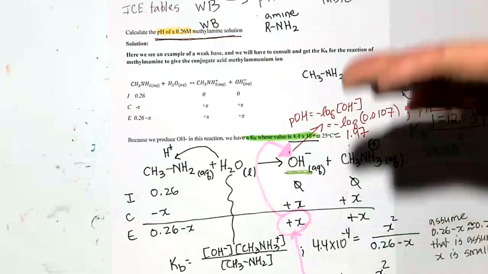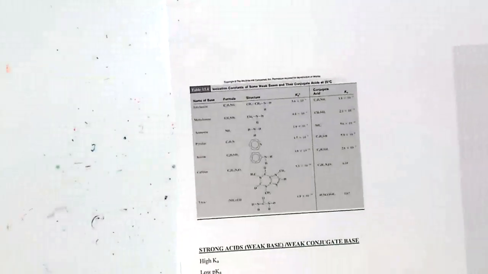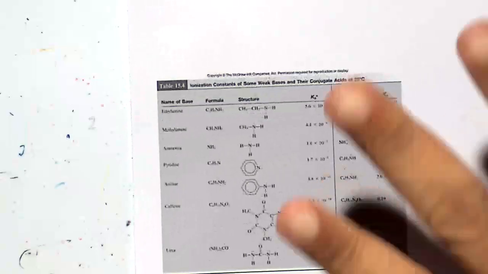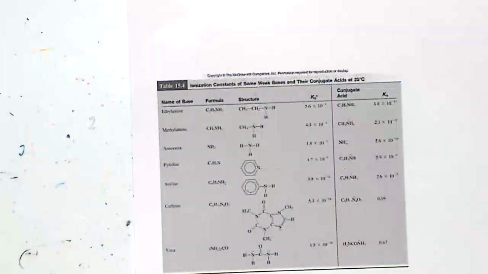So yeah, it's a good question, but this is how you want to approach this type of problem. Speaking of weak bases, if you look at page 16 of our notes, we see some examples of weak bases. It's hard to read all of this, that's fine. I'm going to give you the constants.